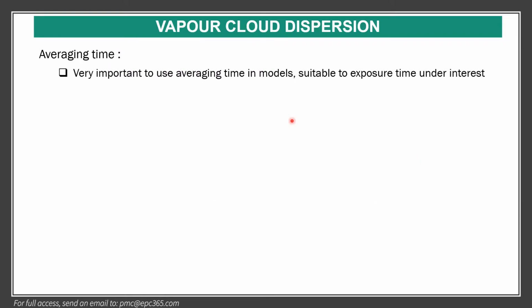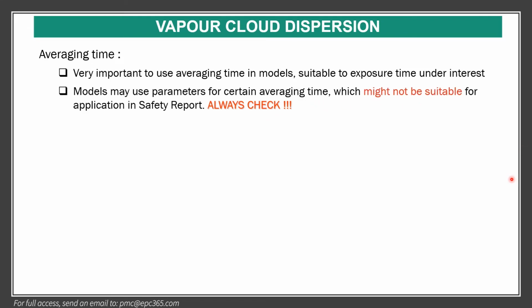So it is very important to use an averaging time in models suitable to the exposure time of interest. Models may use parameters for a certain averaging time, which might not be suitable for the application in safety. You have to check it always.